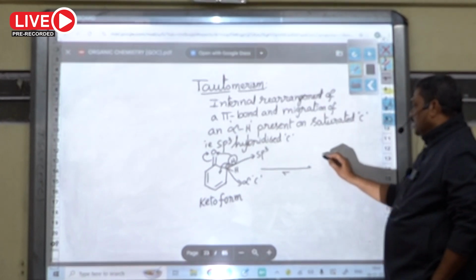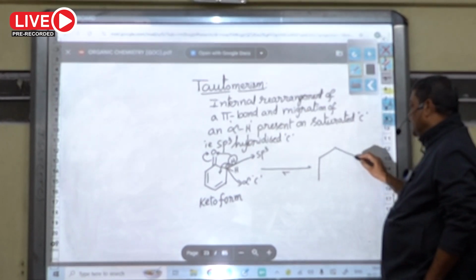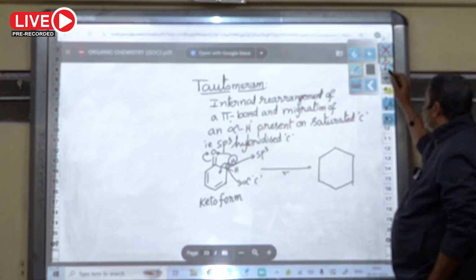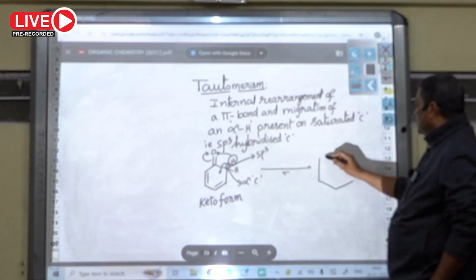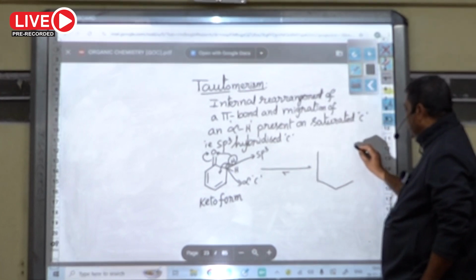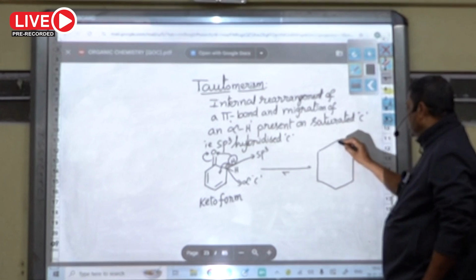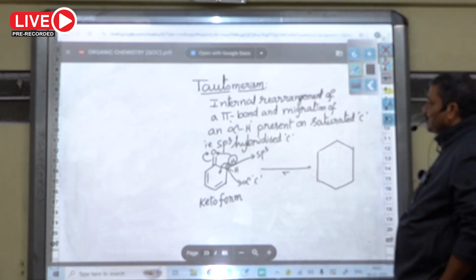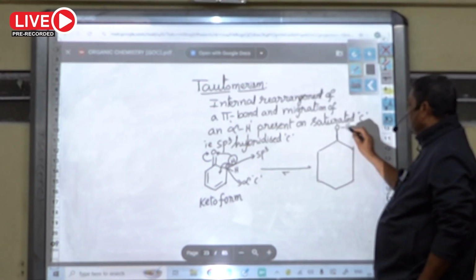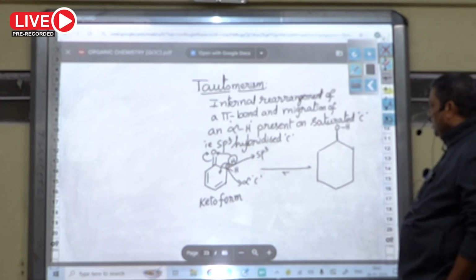When all these occur, the resulting structure: this O becomes a single bond O and H is migrated to this OH.